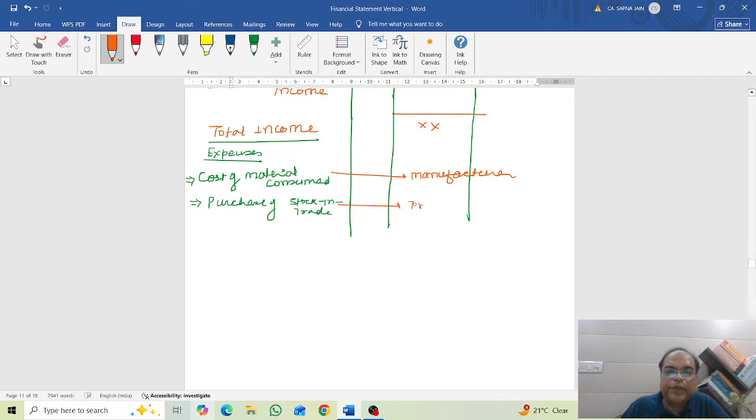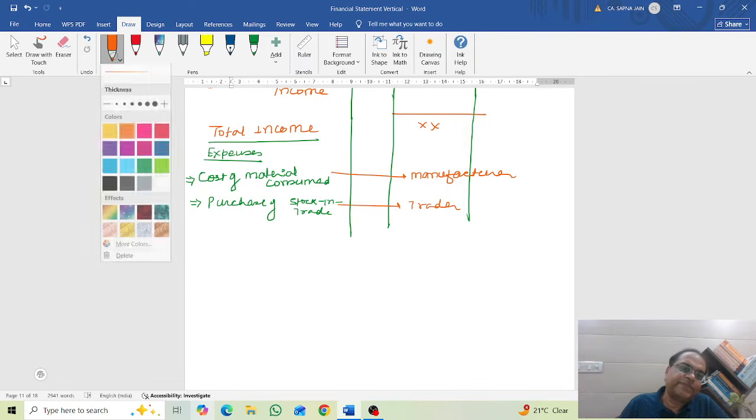The trader will calculate purchase of stock in trade. Suppose one of the businessmen is engaged in the business of manufacturing as well as trading of goods. In that case, definitely we have to calculate cost of material consumed as well as purchase of stock in trade. Now we will discuss it after some time.